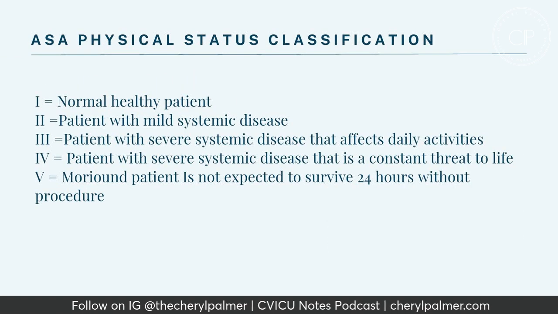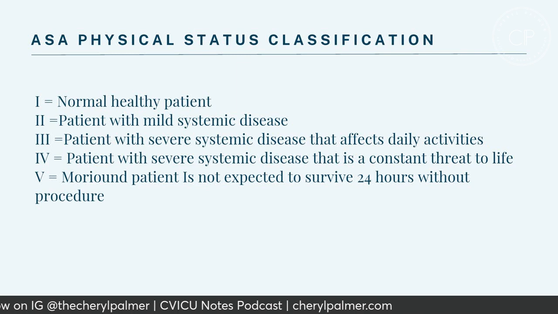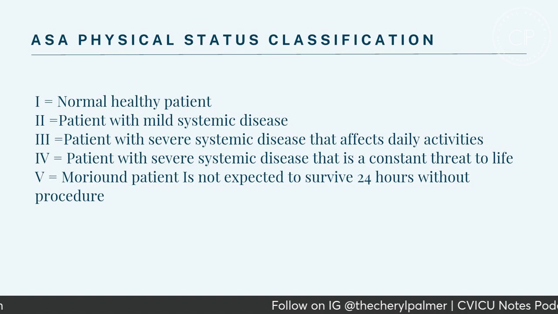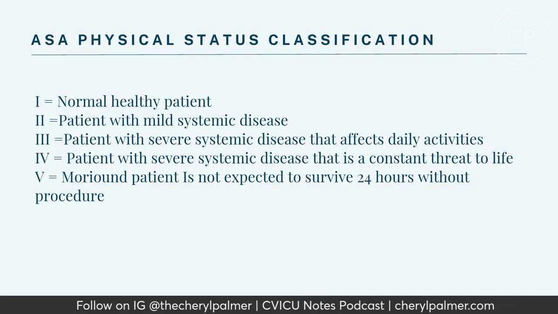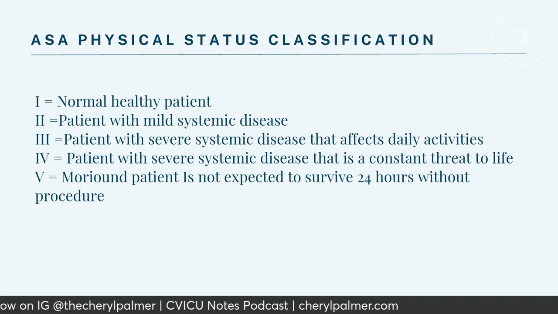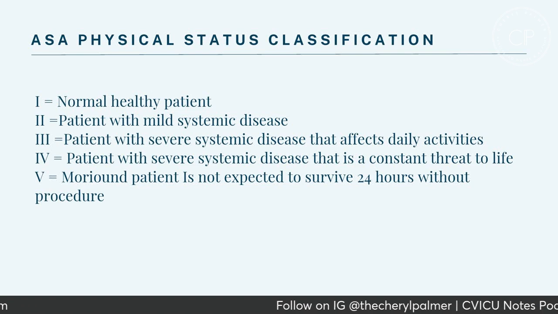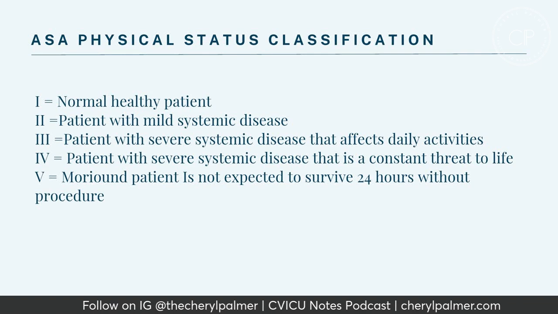ASA physical status classification. 1 is normal, healthy patient. 2 is a patient with mild systemic disease. 3, patient with severe systemic disease that affects daily activities. 4, patient with severe systemic disease that is a constant threat to life. And 5, morbid patient is not expected to survive 24 hours without procedure.